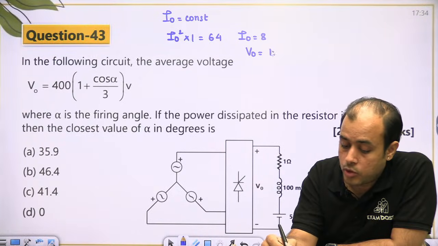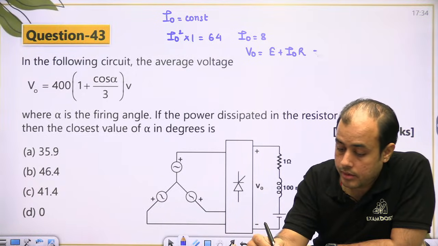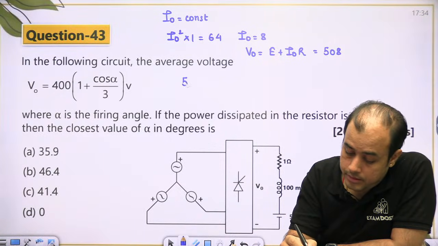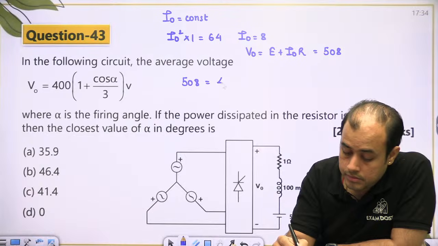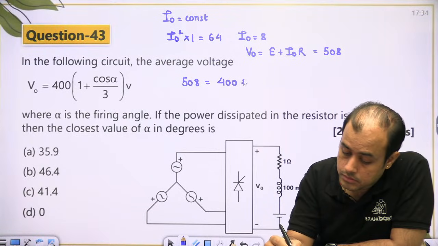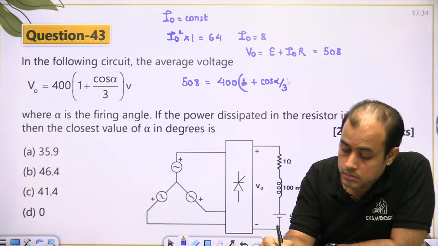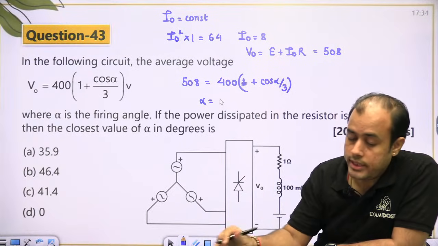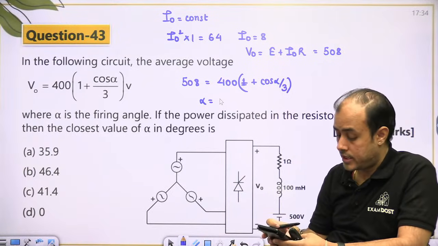For average voltage beta, inductor does not matter. So see beta, how easy was this question? How basic was it?